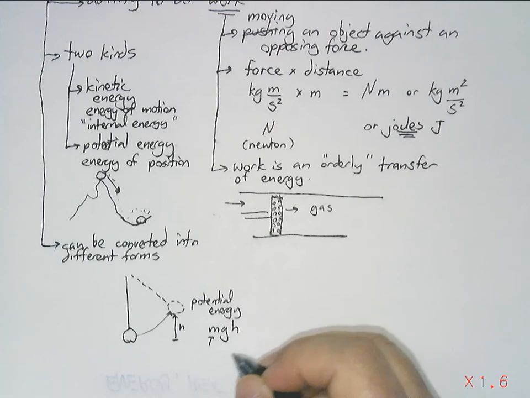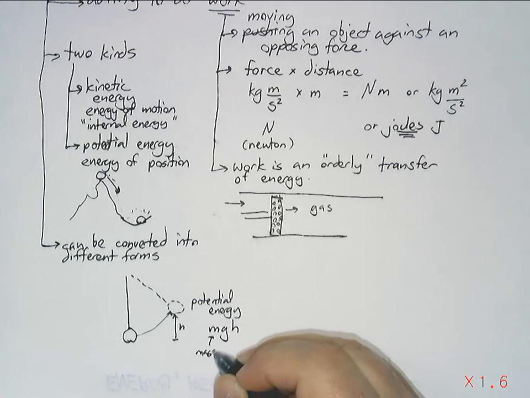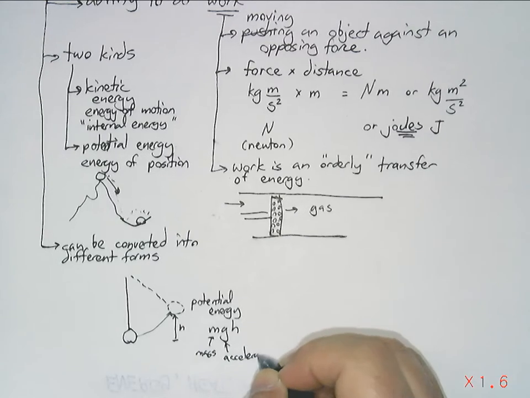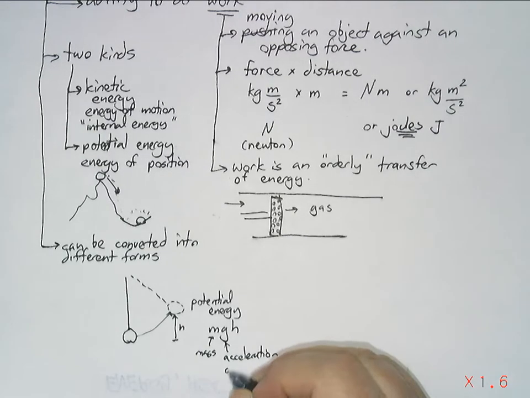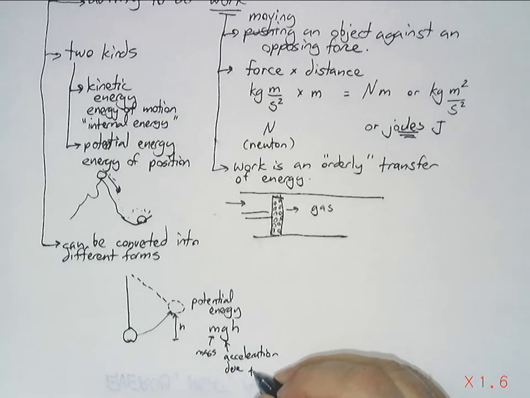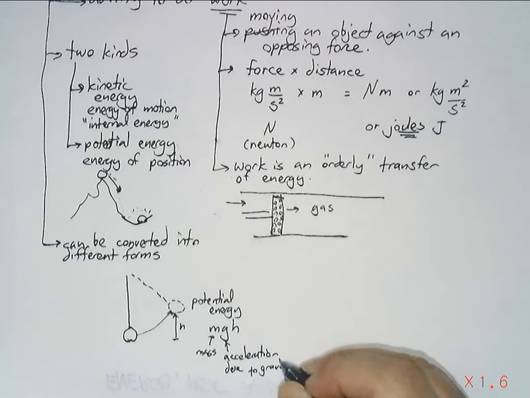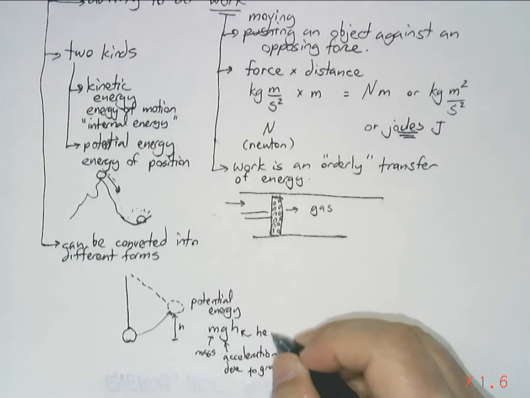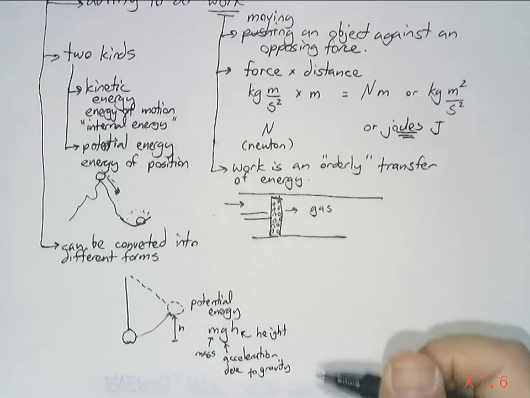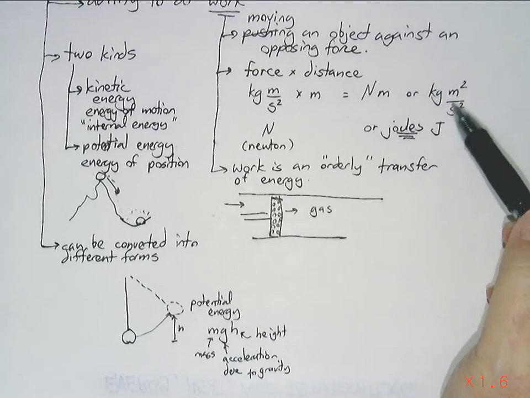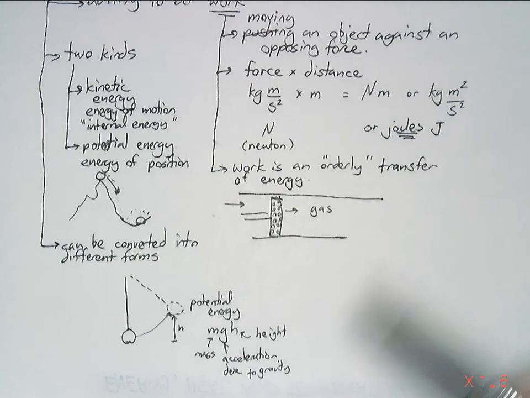This is the mass of the object. This is the acceleration due to gravity. We used this a little bit in the last chapter. And this is the height above the bottom of the swing. If you look at the units and try this yourself, you'll see that they come out to be the same units that we have up here, which are energy units.